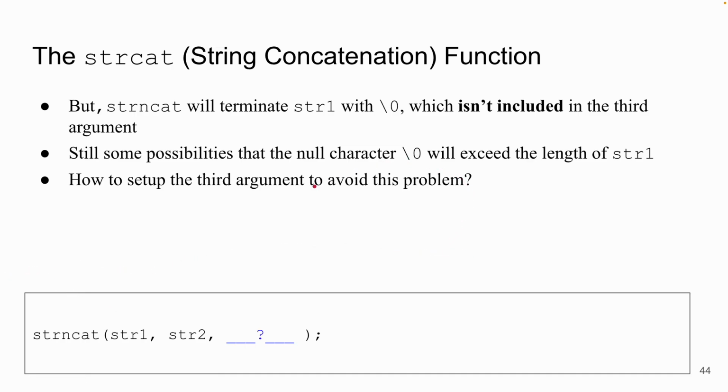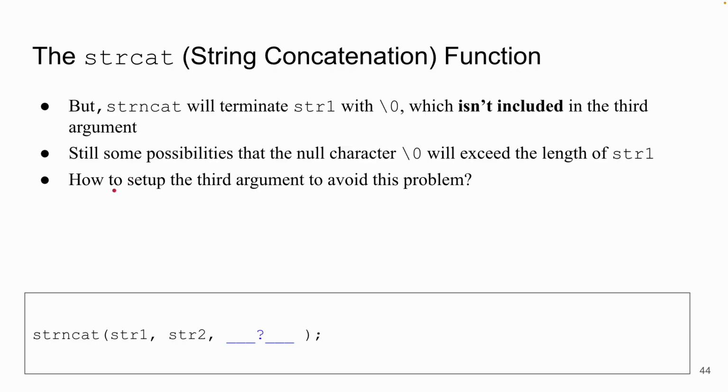The problem is that strncat will actually terminate string 1 with \0. However, this null character is not included in the third argument. So there is a possibility that the null character will exceed the length of string 1, because it will just be added at the end, but it might exceed the maximum length of string 1.